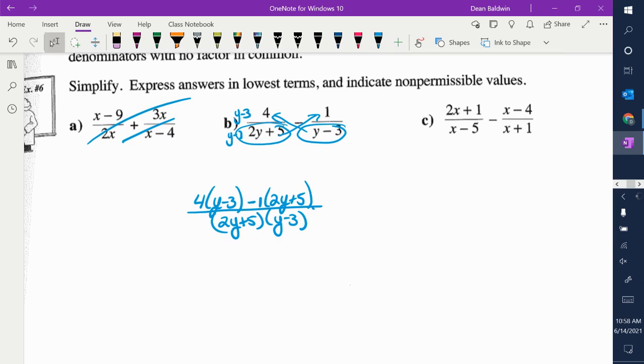And then you just expand the top and collect your like terms, and you're done. Don't expand the bottom. Don't multiply out the bottom. Okay? So the 4 gets multiplied in. 4y minus 12. Negative 1 goes in.